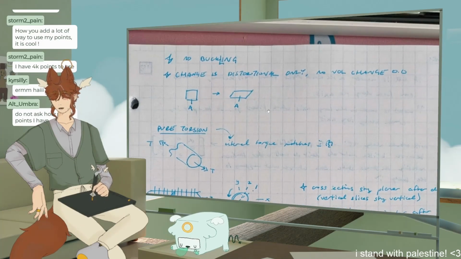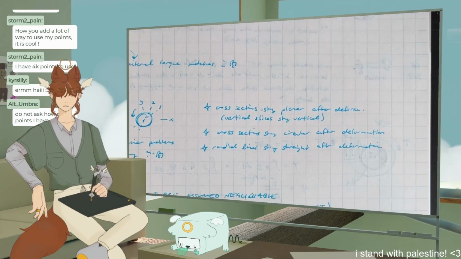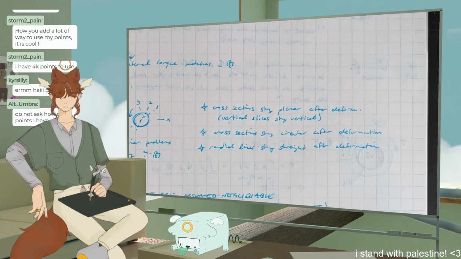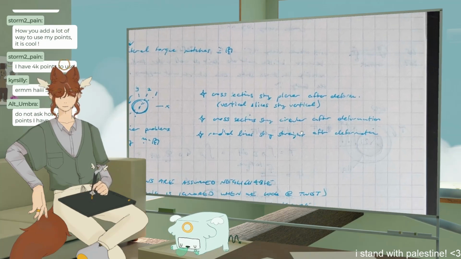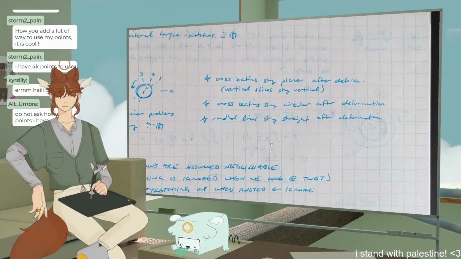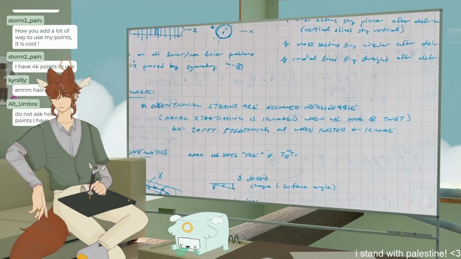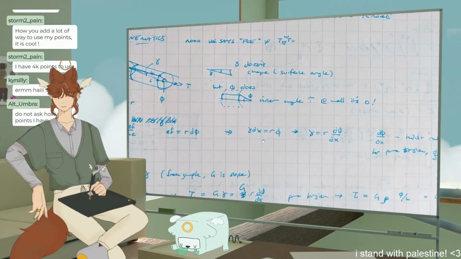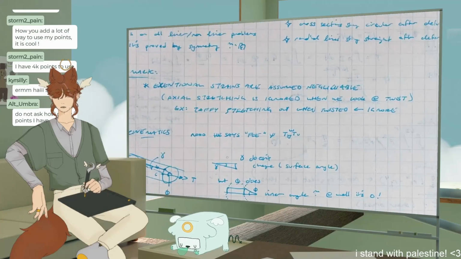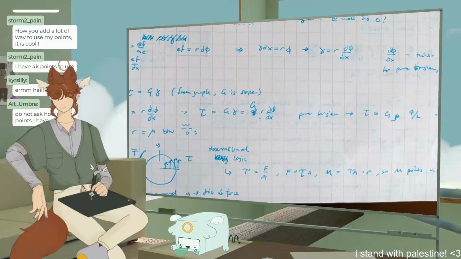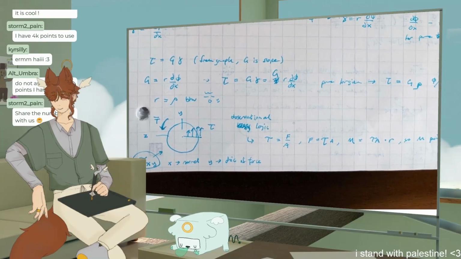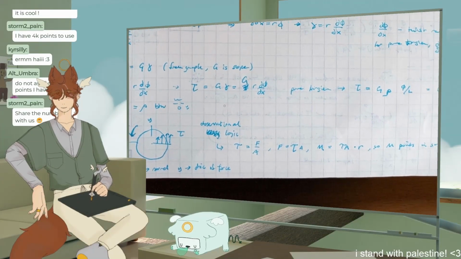It says cross sections stay planar after deformation. Vertical slices stay vertical. Cross sections stay circular after deformation. Radial lines stay straight after deformation. I don't know why I wrote tau with a torque symbol. This one was a little rough. This proof was a little rough.